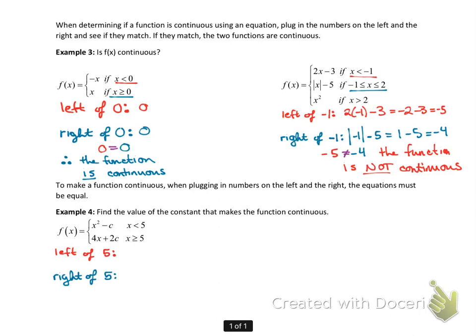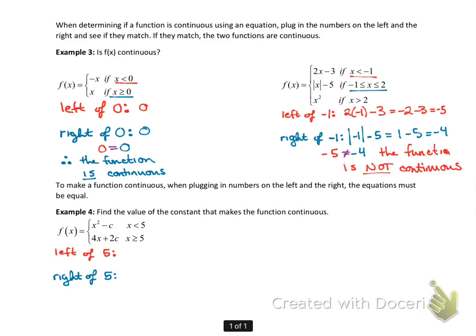So when I plug in 5, I need the left side to be equal to the right side. So I'm going to plug in 5 and let C be C. Then I'm going to take both sides and set them equal to each other because I want them to be the same. And that'll give me the value that makes my function continuous.